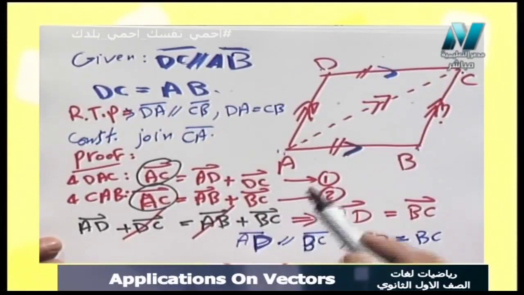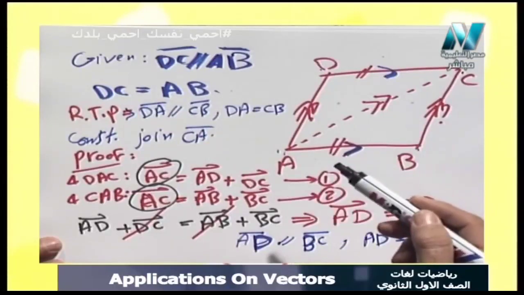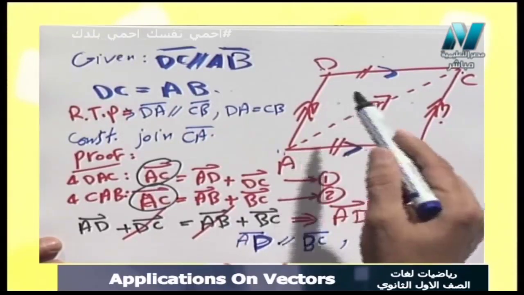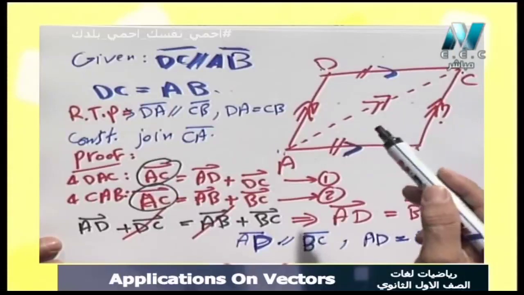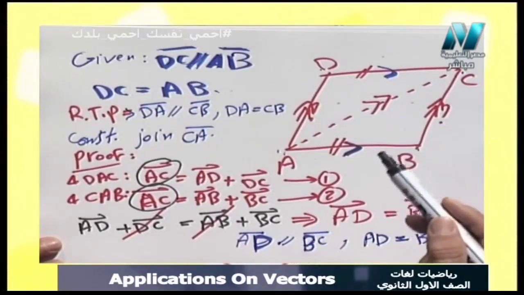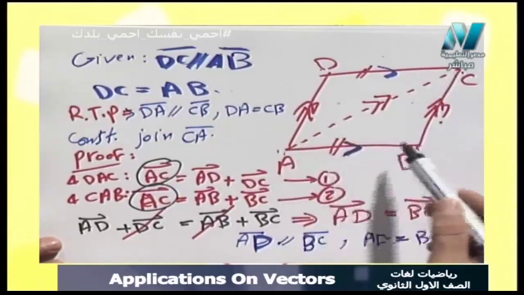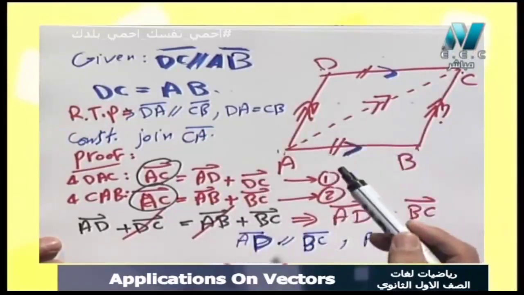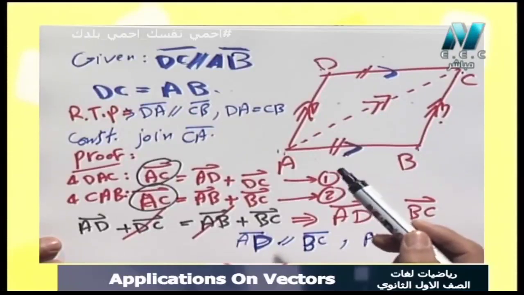Okay, the beginning of the question is, we have here from our studying in prep 1 that if DC is parallel and equal to AB, then it is a parallelogram. Why is it a parallelogram?